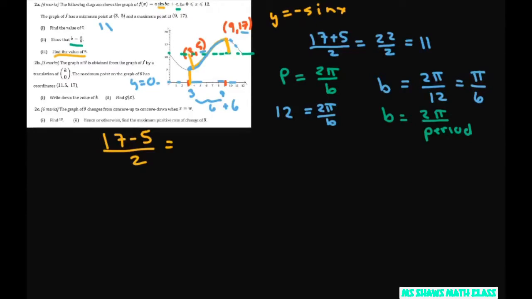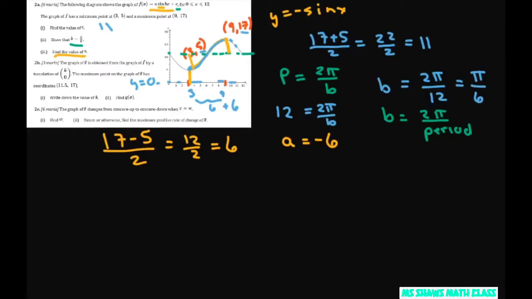So that's going to be 12 divided by 2 equals 6. In our case, it's negative 6. So we're just going to call a equals negative 6, because they already gave us the equation here. The amplitude's 6, but it's a reflection. So it got reflected over the midline.